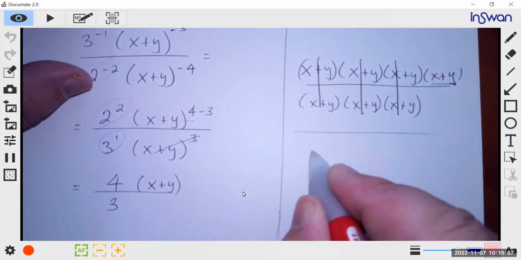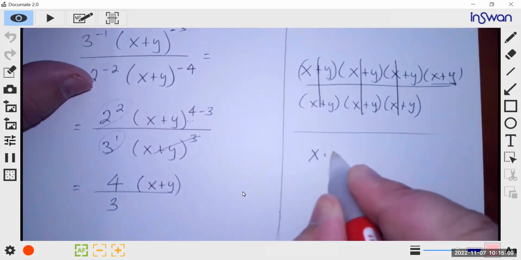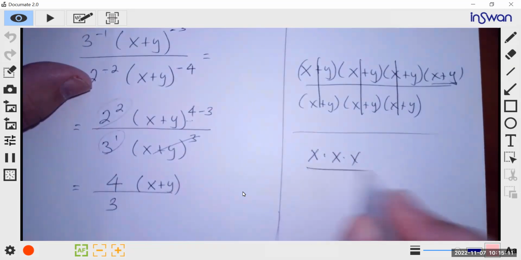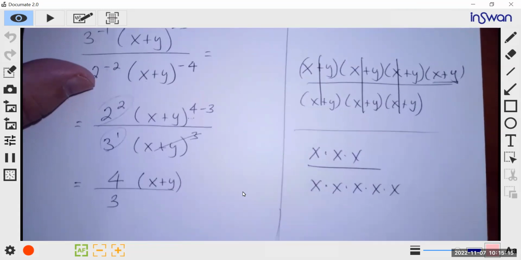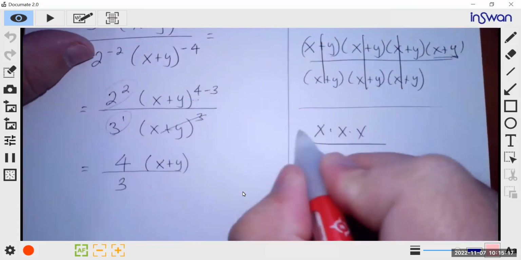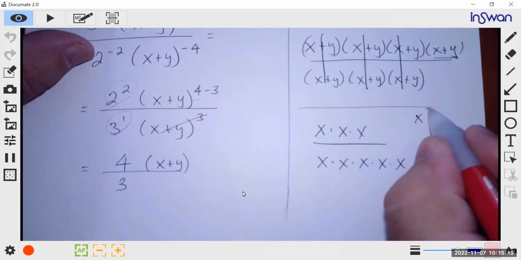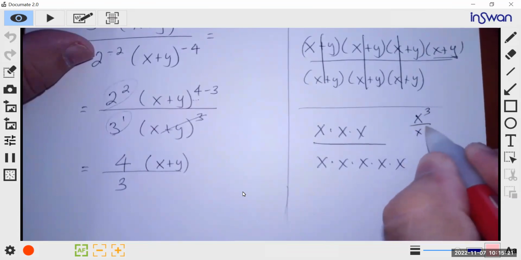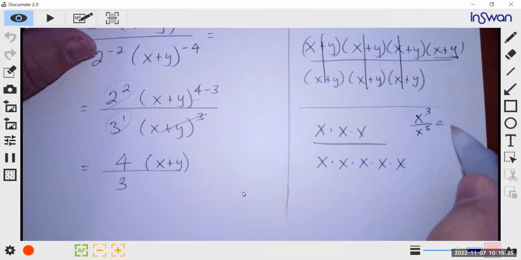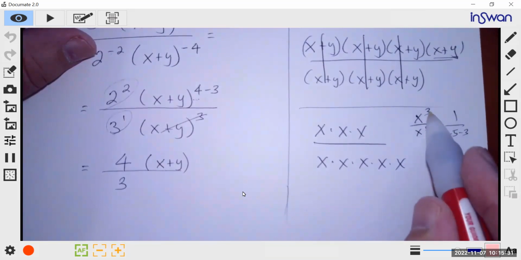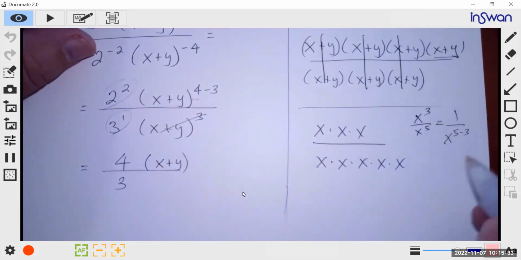If I had x times x times x over x times x times x times x times x, whereas if I had x cubed divided by x to the 5th, since there's more x's on the bottom, I subtract 5 minus 3.